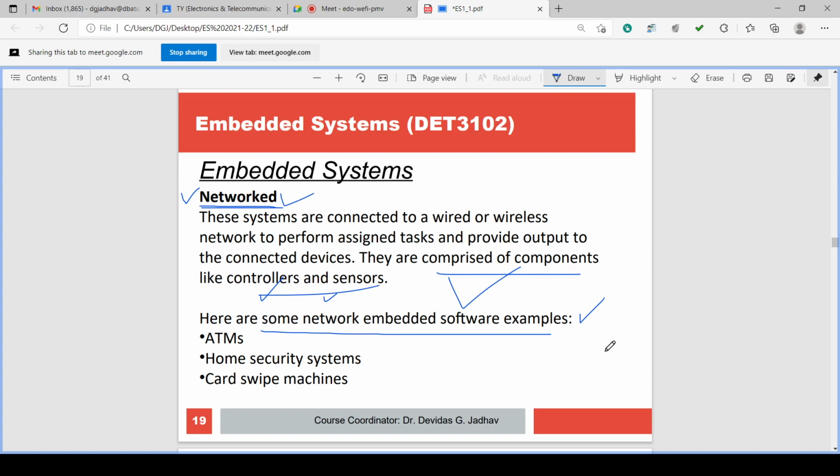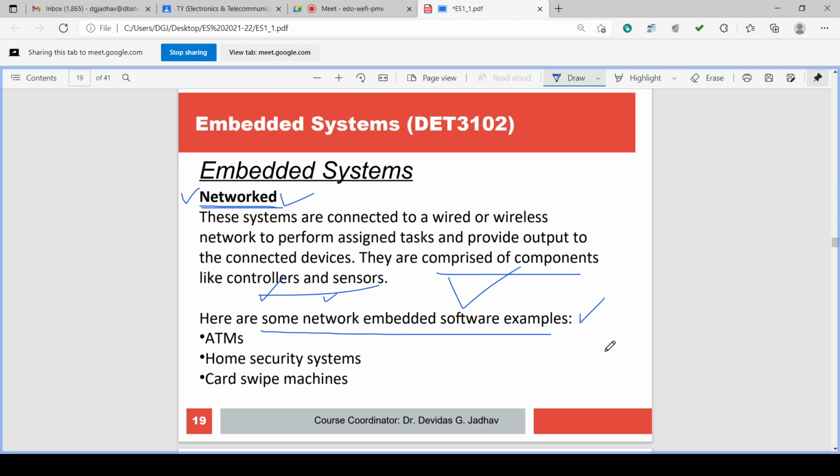Just as we discussed the industrial application, where the node senses the temperature and gives it to the master server, similarly, what does an ATM do? It accepts the ATM card, reads the ATM card, asks to put the PIN code, and it gives all the information to the bank server. The bank server checks and validates this information.